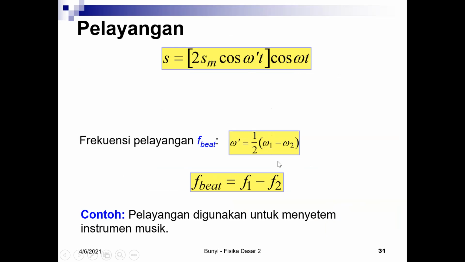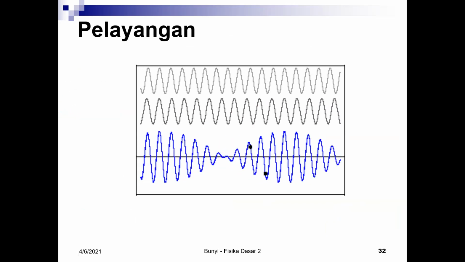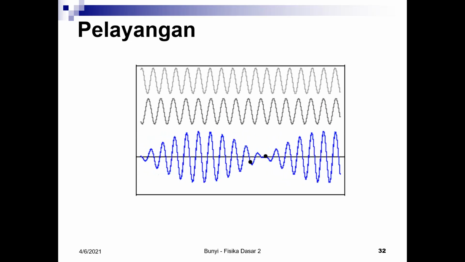Omega prime adalah selisih omega 1 kurang omega 2 kali setengah. Setelah dibagi 2π, saya dapatkan frekuensi pelayangan atau beat, yaitu f1 kurang f2. Ini gambar contohnya.